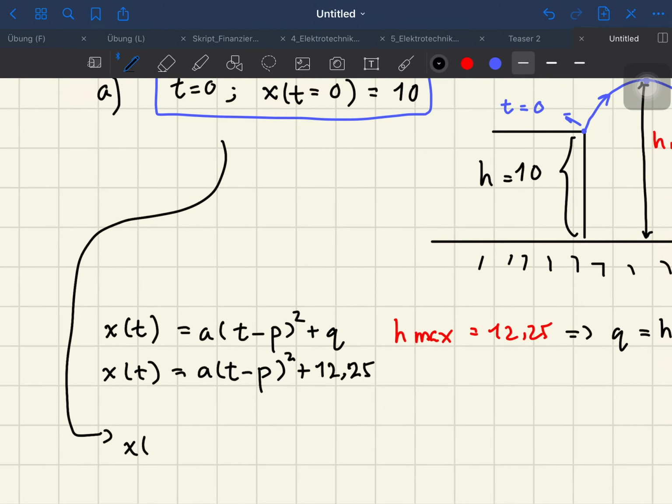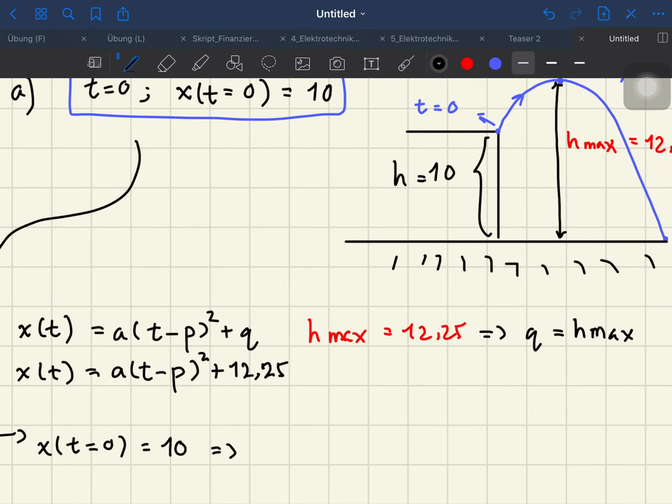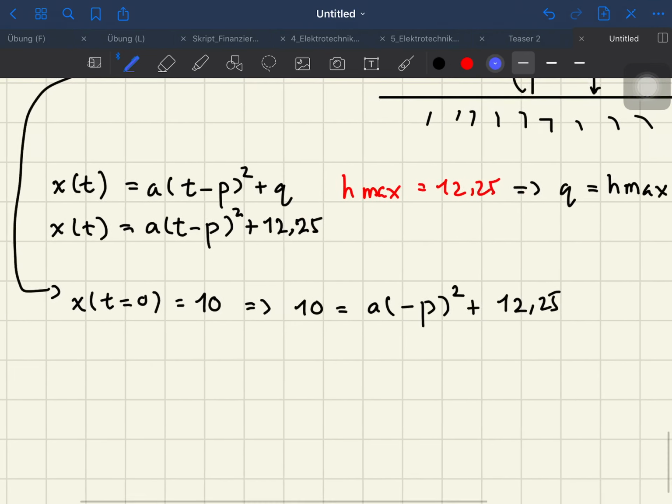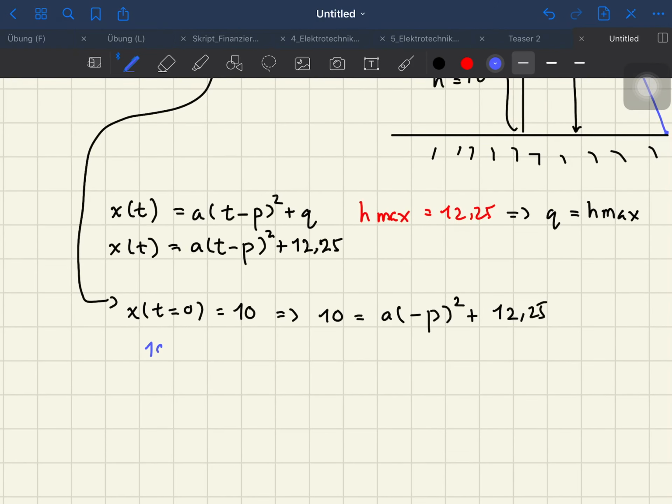Now when t equals 0, x equals 10, hence 10 equals a times (0 minus p) squared plus 12.25. This is the second one, and you can change it into the desired form. I will use the blue one as the desired form: a p squared plus 12.25, which is the very first equation. I'm going to label it as 1.